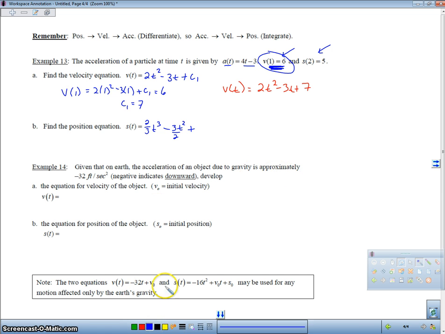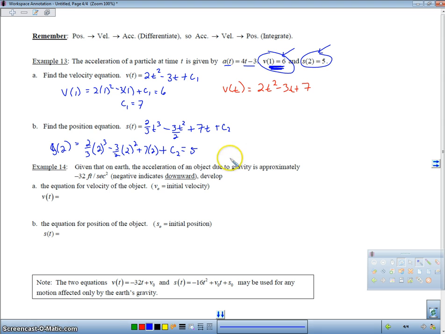All right, so then I'm going to go and finish this guy off. I know it's 7 here, so I'm going to have plus 7t, plus my constant, c2. And I'm going to do the same thing I did last time here. I'm going to put s sub 2 in, because that's my initial condition for my position. All right, I'm going to get 2/3 times 2 to the third power minus 3/2 times 2 squared plus 7 times 2 plus c sub 2, and that's equal to 5.